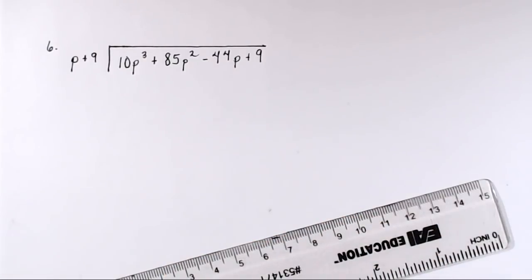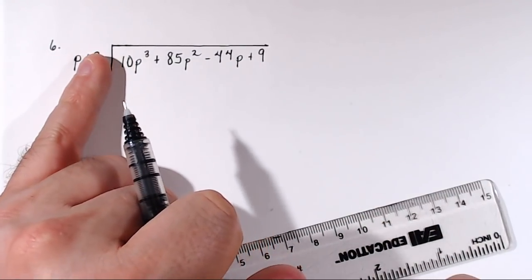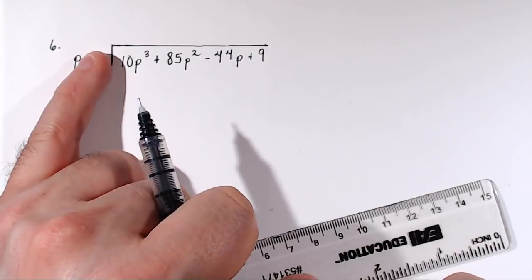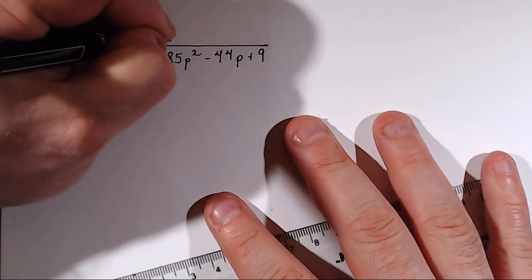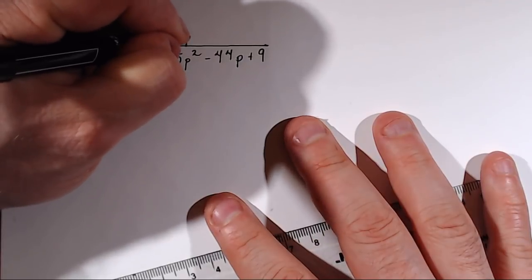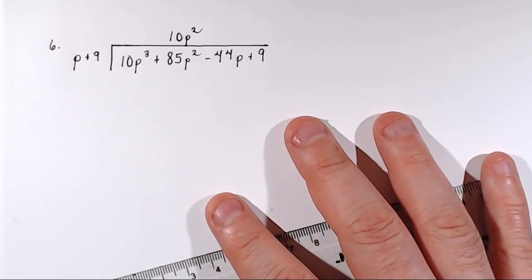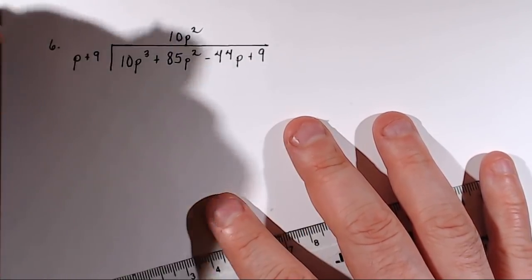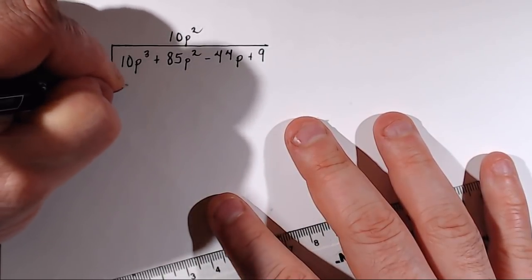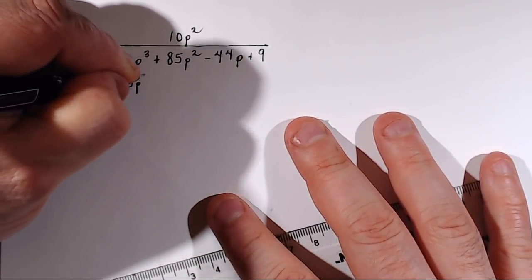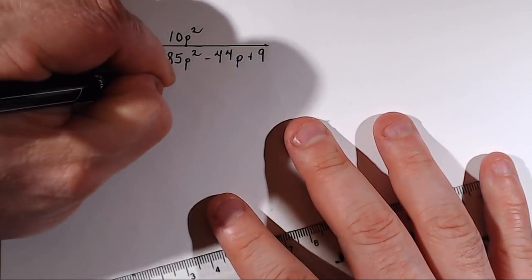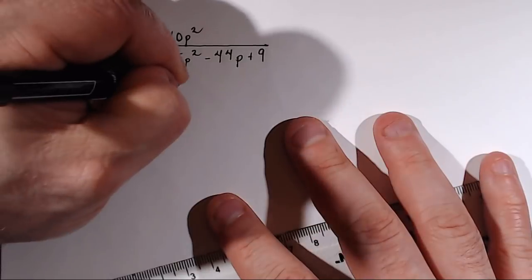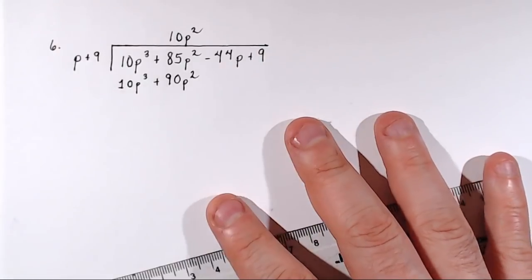Okay? So what do I have to multiply by p to get 10p cubed? I have to multiply by 10p squared. So 10p squared is the first term. 10p squared times p equals 10p cubed. 10p squared times 9 equals positive 90p squared.